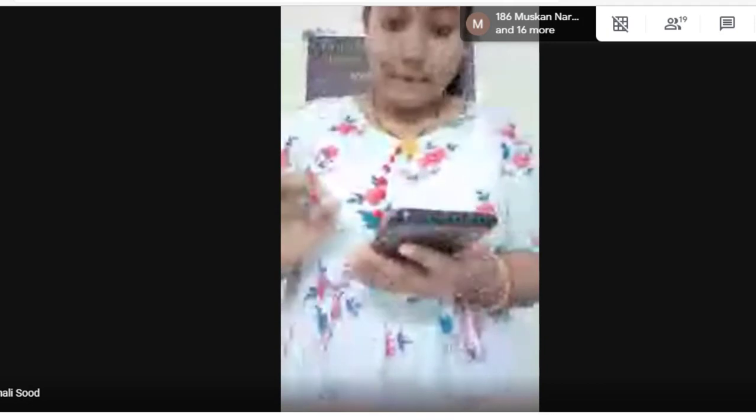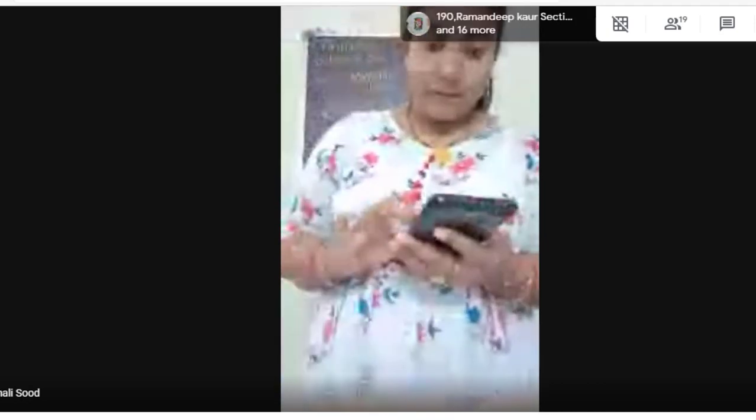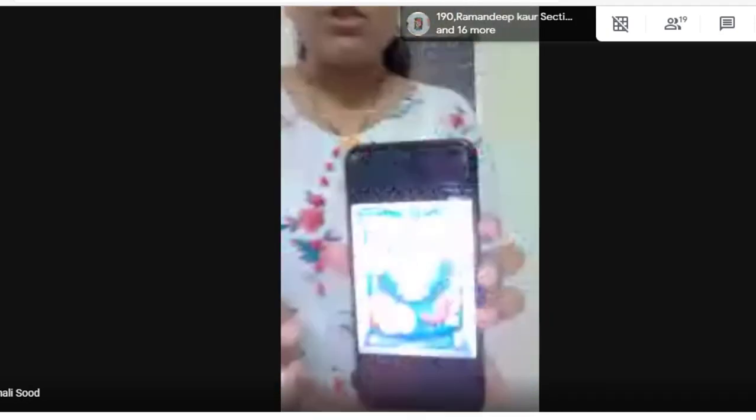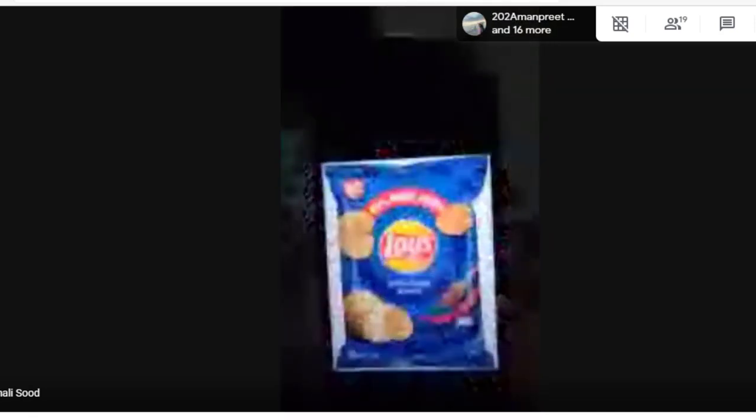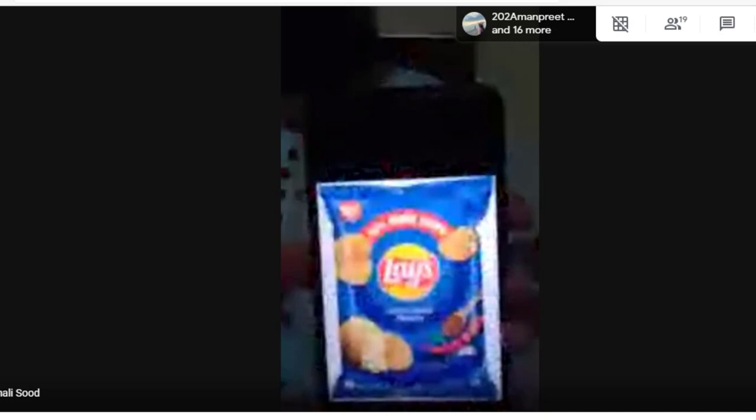Let's discuss an example. Students, what is this? Lays. Okay. And what is this? Labeling. Yes, the back side of the Lays where the whole information is written.